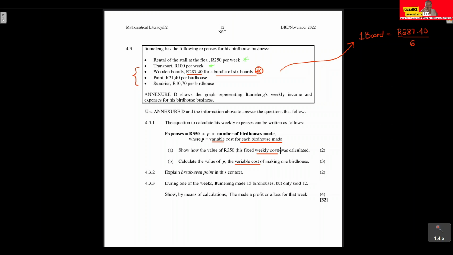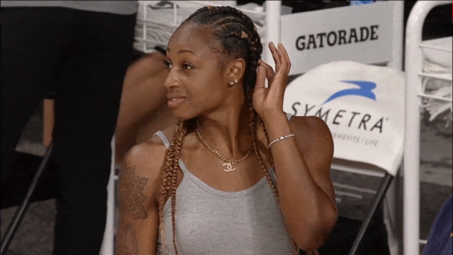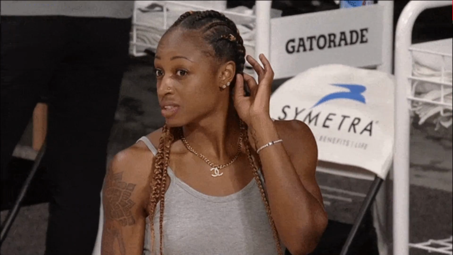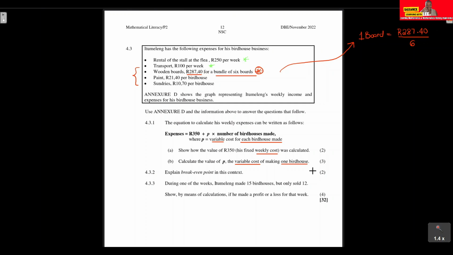So we need to calculate the value of P, the variable cost of making one birdhouse. What are the costs involved for Itumeleng to make one birdhouse? How do we calculate that? What are the variable costs? What are the materials that can change depending on the number of birdhouses that he'll need?